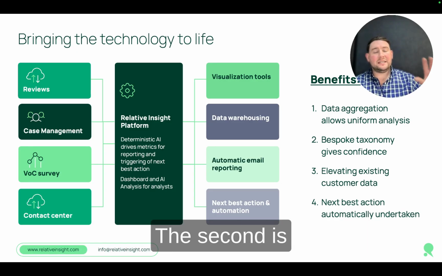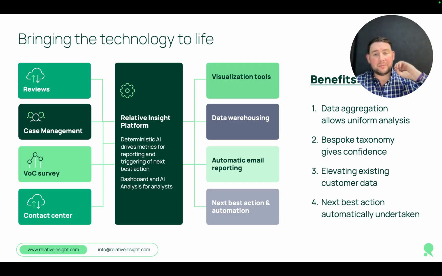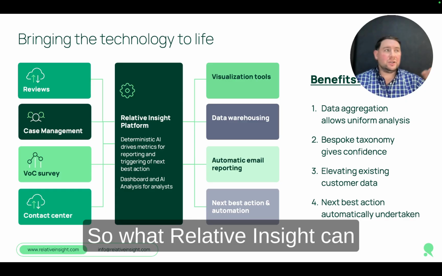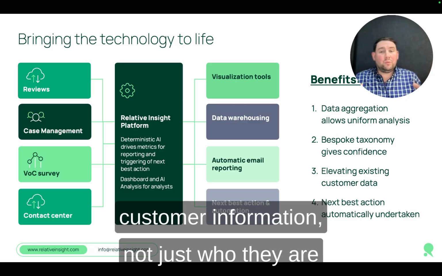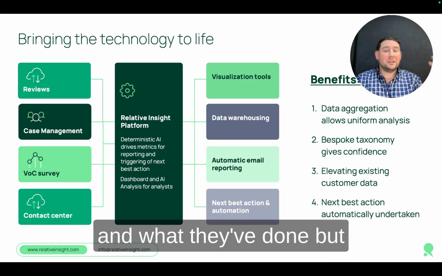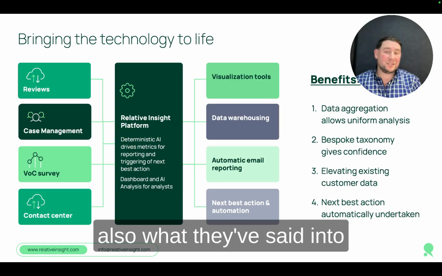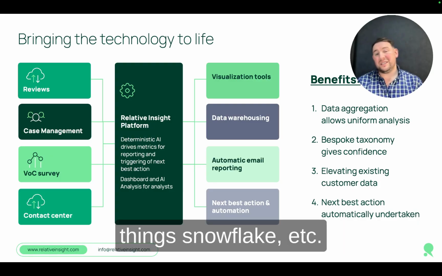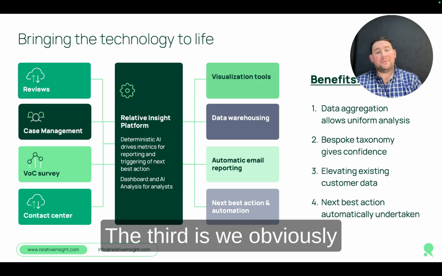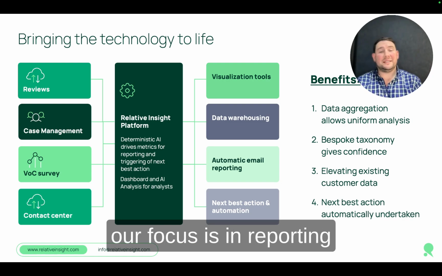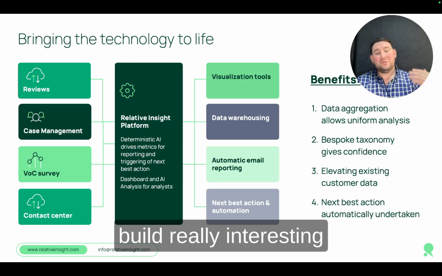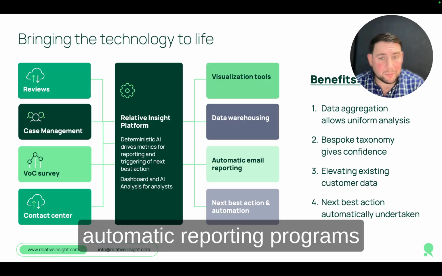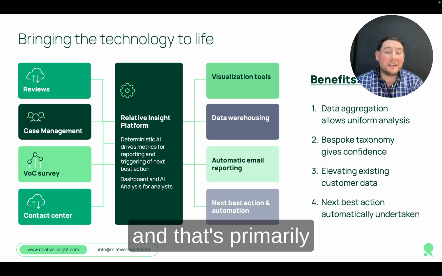The second is data warehousing technology. Relative Insight can push enriched customer information, not just who they are and what they've done, but also what they've said, into data warehousing tools, think Snowflake, etc. The third is reporting, a big part of our focus. We've started to build really interesting automatic reporting programs, and that's primarily delivered through email.